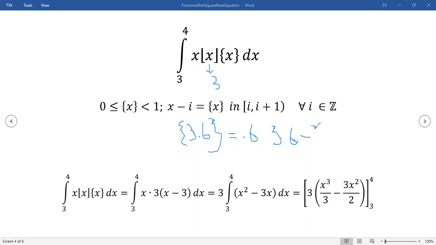Sometimes the Wi-Fi cuts out and then you lose the resolution on this marker, I think. But anyway, that's equal to 0.6.